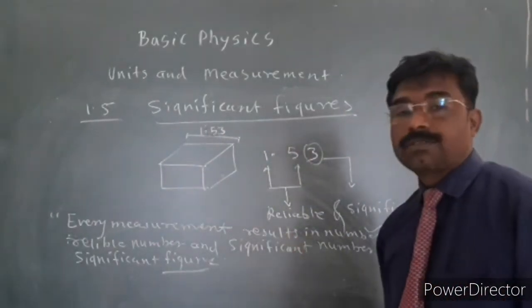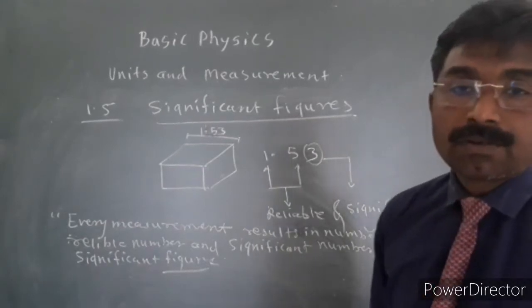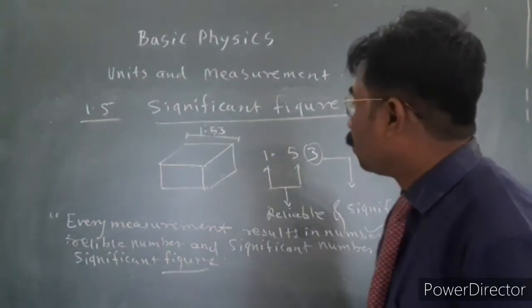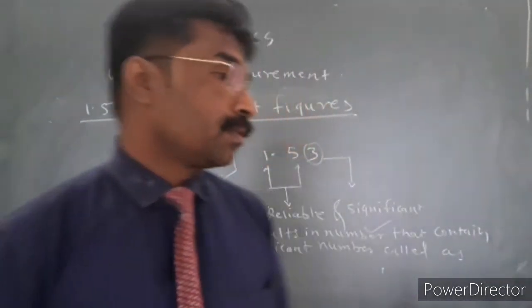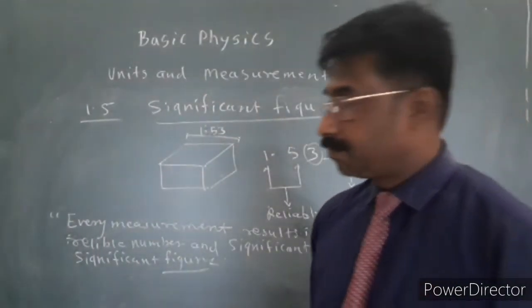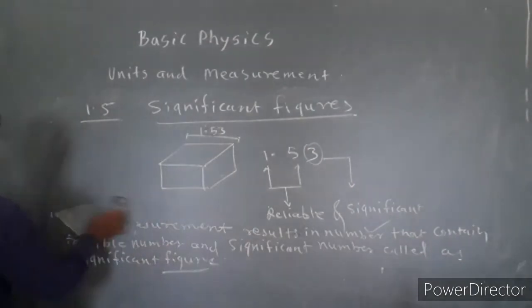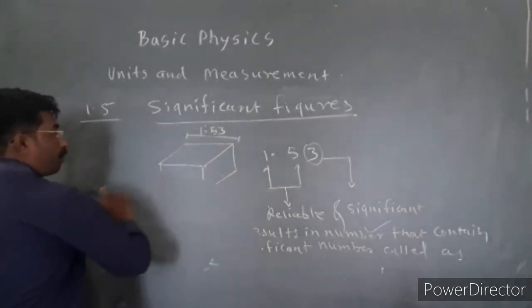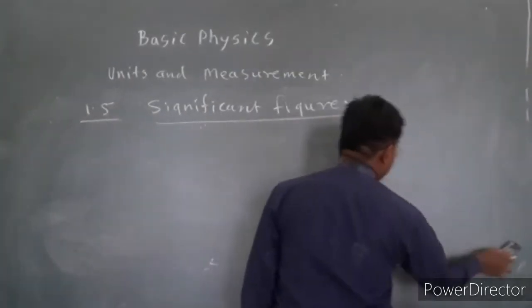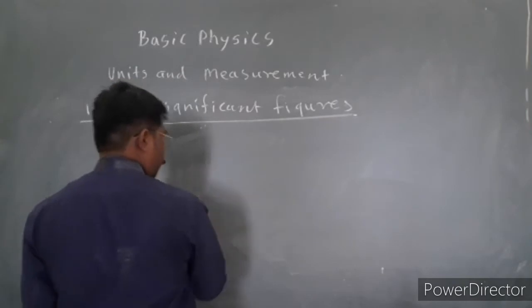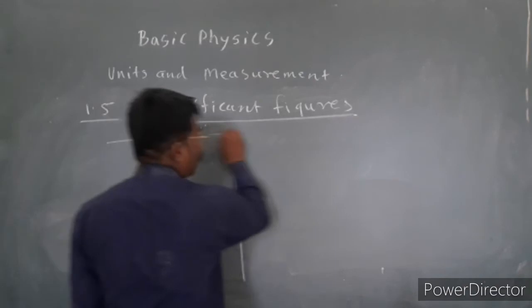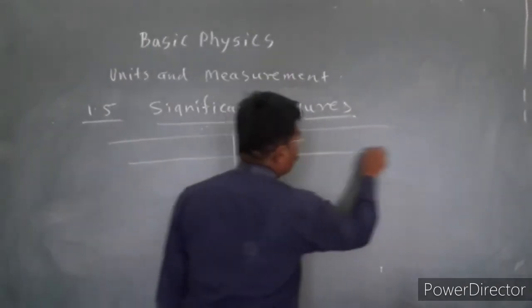There are some rules made to find out which number is significant and which is not. For memorizing purposes, I would like to bifurcate the significant and non-significant numbers, and we can easily understand what rules are made for identifying significant figures.